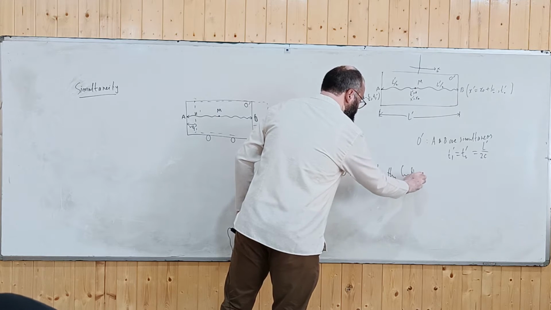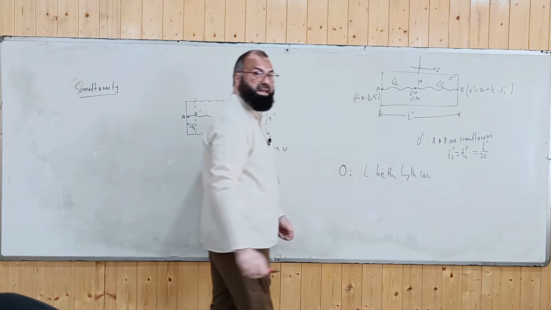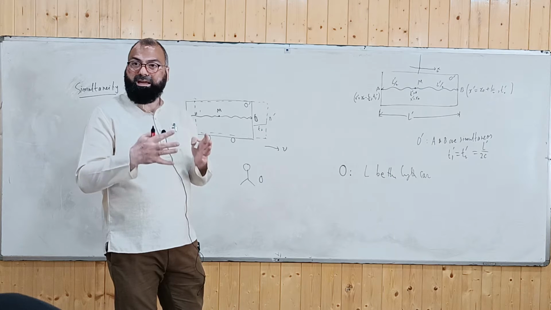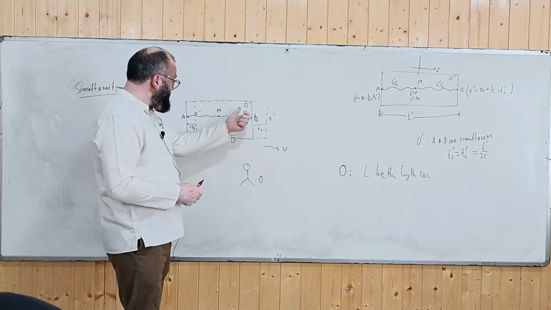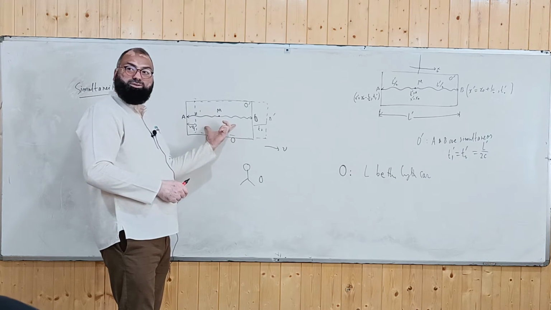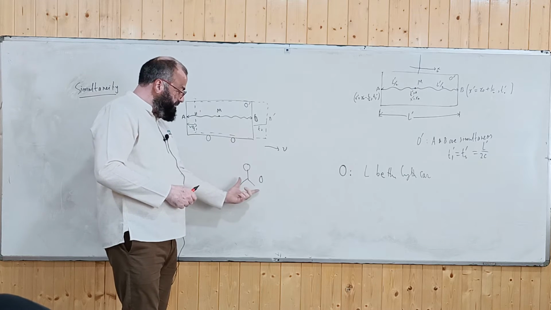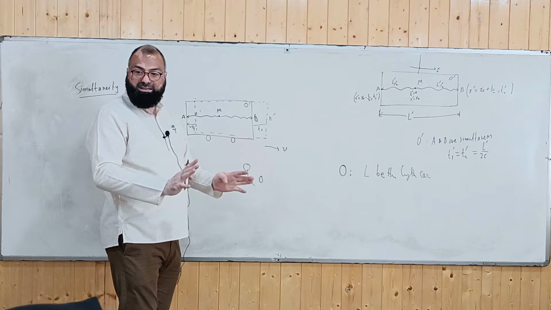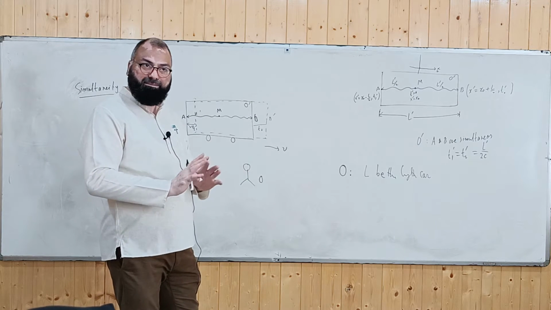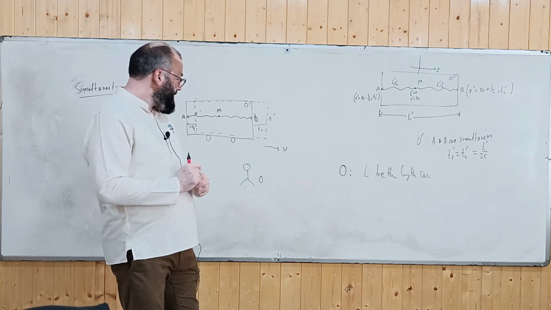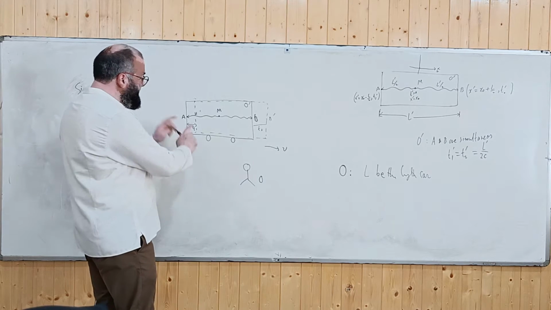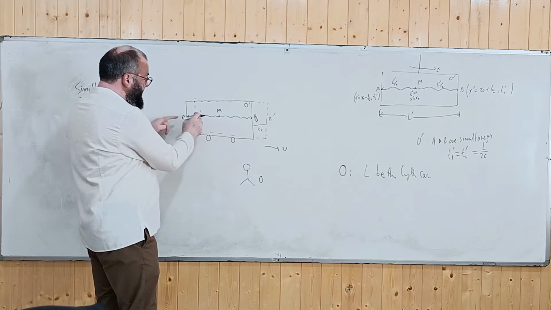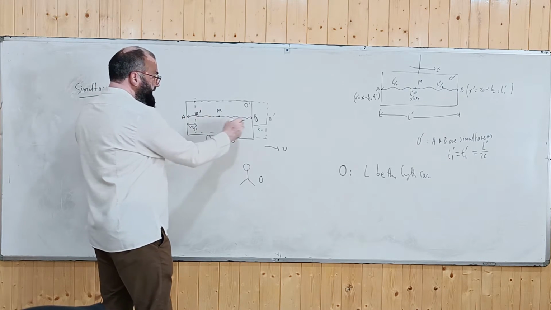I will use L and L prime as different. The O prime observer will measure the length to be L prime, but O will measure its length to be L. We will use L and L prime as different for the time being. Now let's assign the coordinates to these points A prime and B prime.